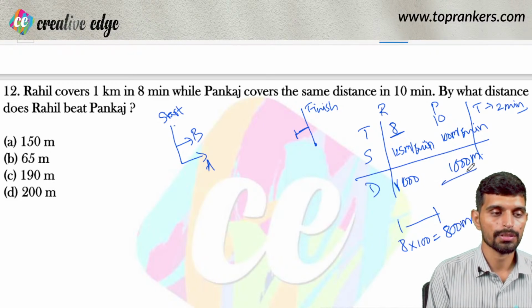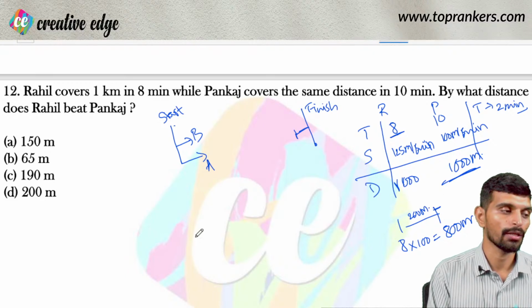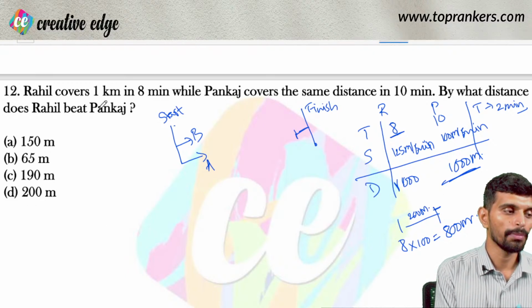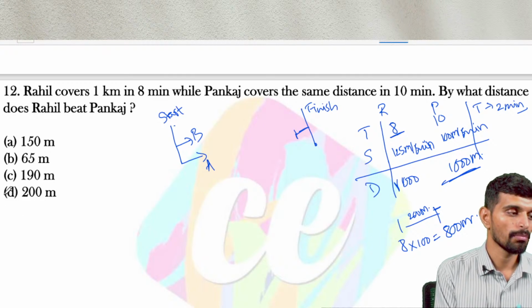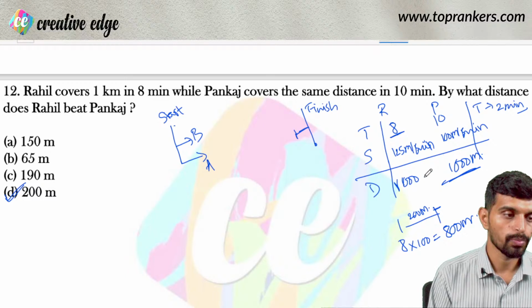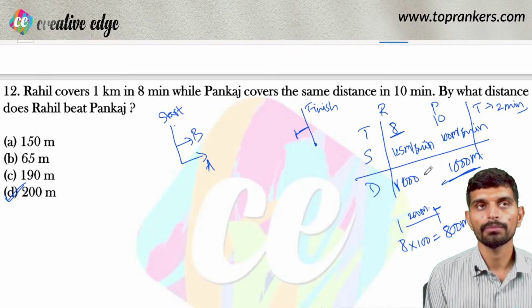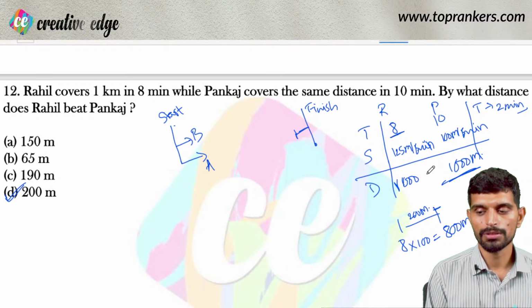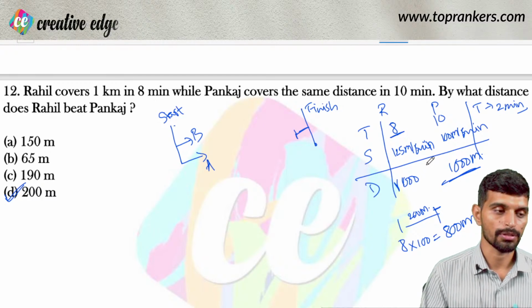So he is still 200 meters short to the finish line. So Rahil beats Pankaj by 200 meters, right? So a person can beat another one by the time measures or the distance measures.